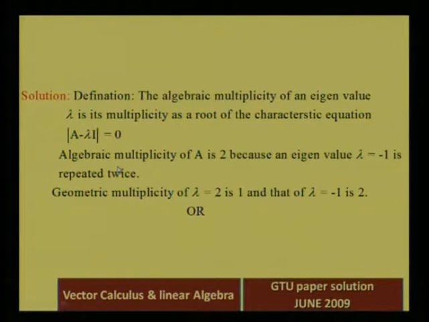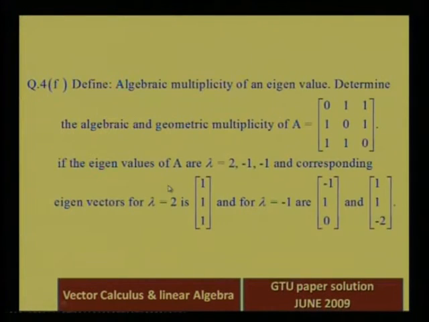Now what next do we have to find? Determine the algebraic and geometric multiplicity of A. The eigenvalues and all the eigenvectors are already given in the question, so you just have to write down the algebraic and geometric multiplicity. Nothing else.